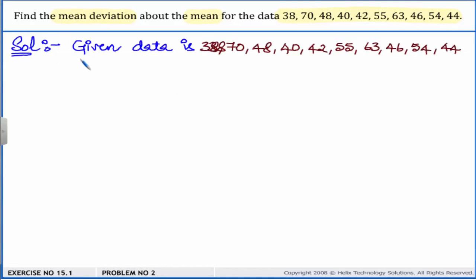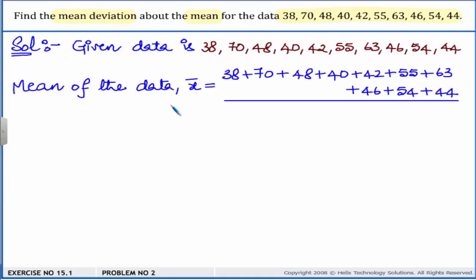In this problem, you need to find out the mean deviation about the mean for this data. Let's see the solution of this problem, how we shall proceed with this. Given data is this.